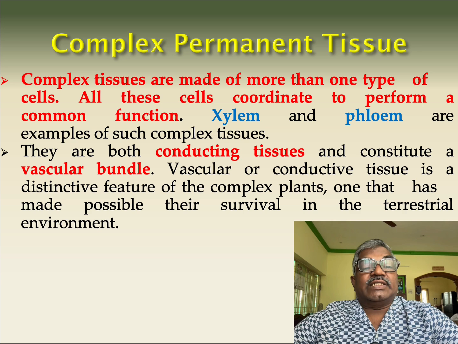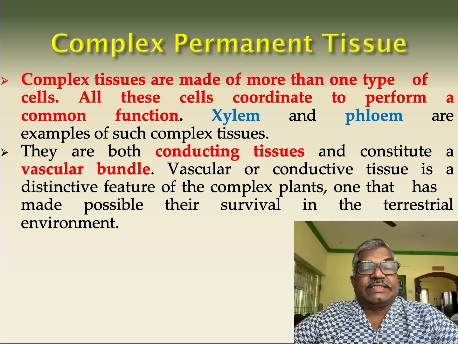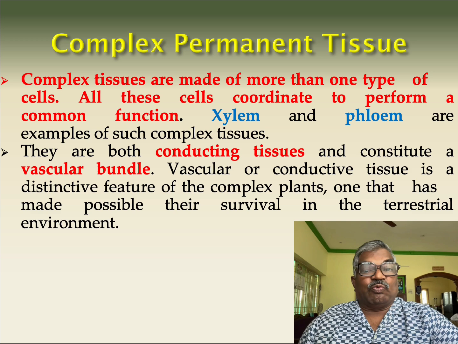The two tissues, xylem and phloem, are known as conducting tissues. Collectively they are known as the vascular bundle, the conductive tissue made up of xylem and phloem. Why are they known as complex permanent tissue?